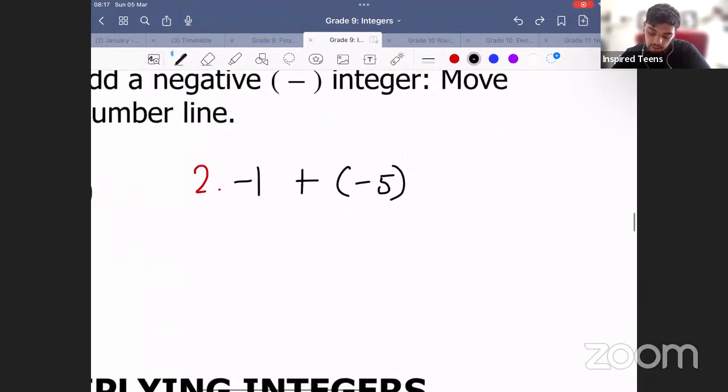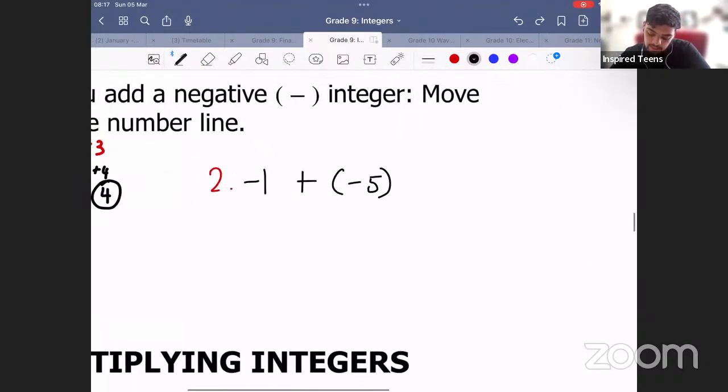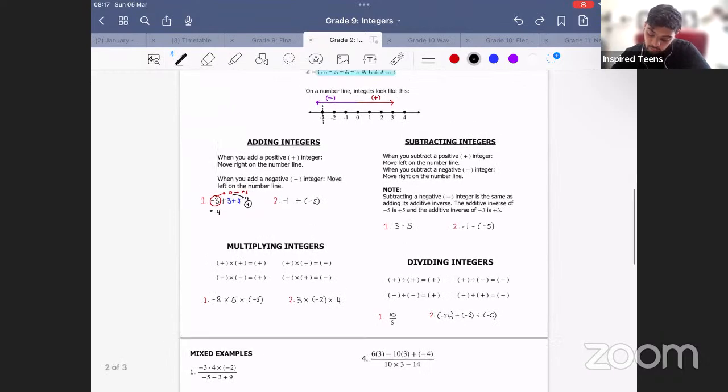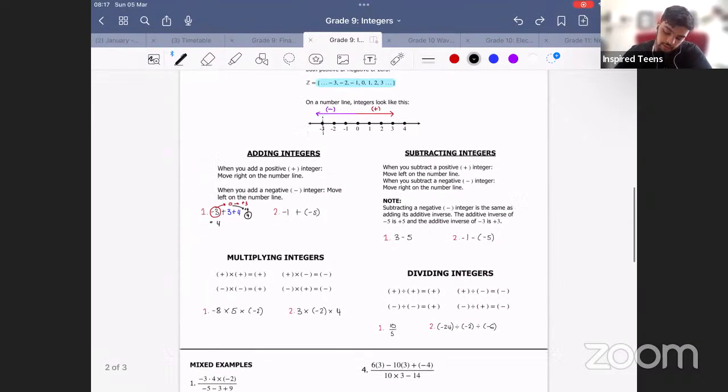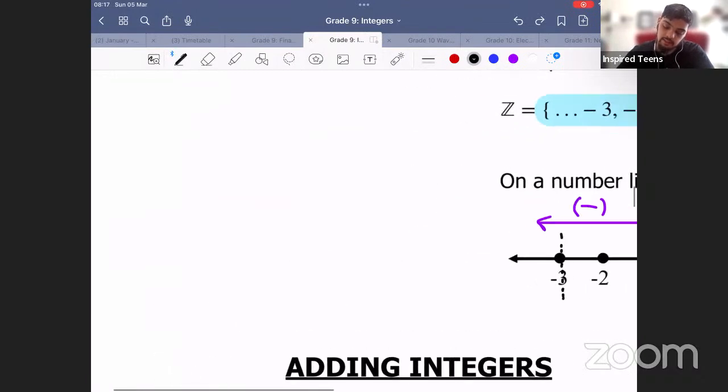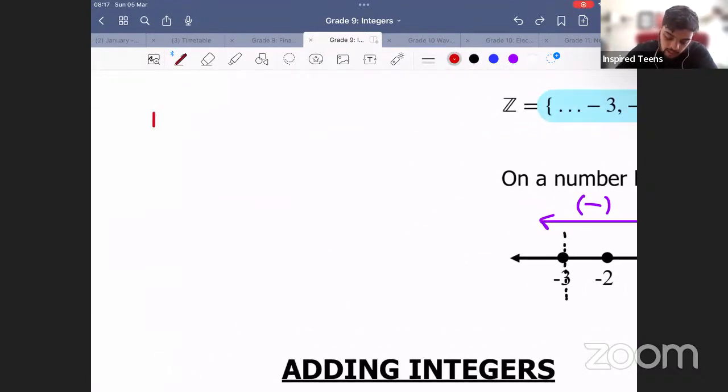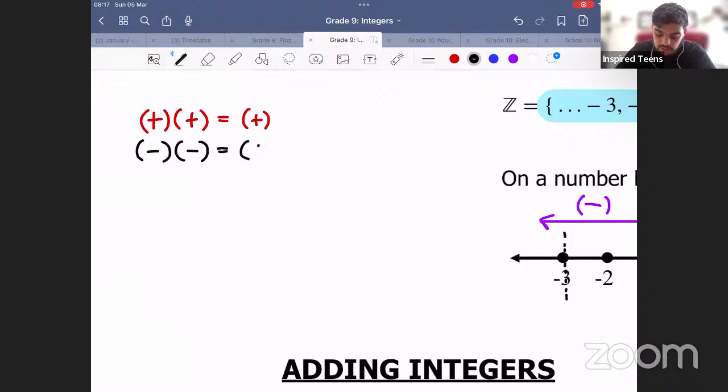Let's look at this: -1 plus -5. Before we continue, we're not going to talk about multiplying, but we can talk about adding and subtracting. When we have two positives, so like plus, this results in a positive. Also, when we have two negatives, this also results in a positive because the negative and the negative cancel each other out.